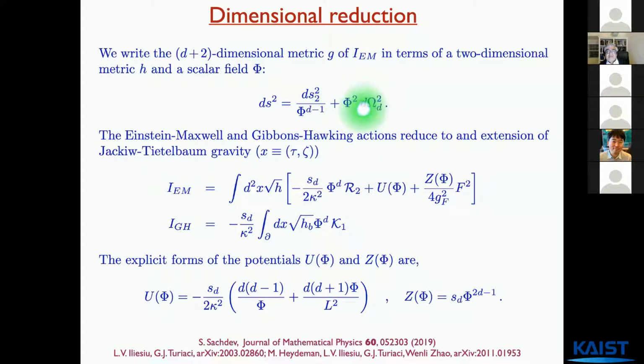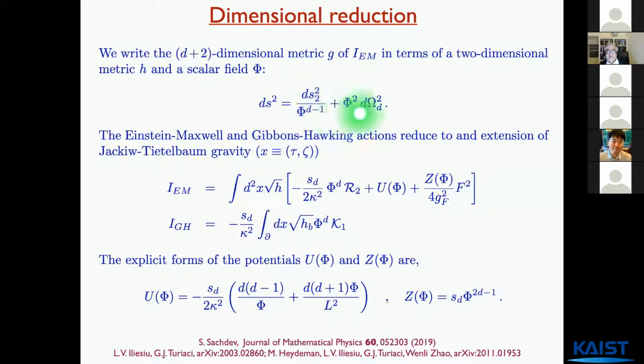This is the angular metric, and it has a coefficient we call phi squared. The square is for convenience, and the 2-dimensional metric is a dynamical degree of freedom that we keep in general to be anything.